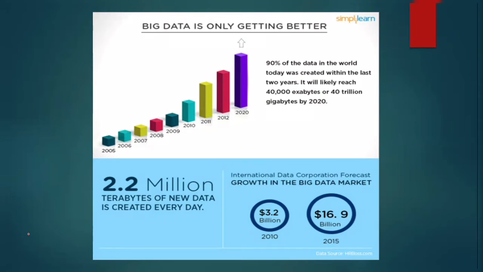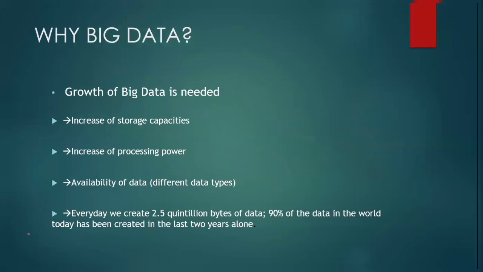Why big data? Since I just mentioned increase of storage capacities, increase of processing power, availability of data. And every day we create 2.5 quintillion bytes of data. 90% of the data in the world today has been created in the last 2 years alone. This is the rise of data that's happening.